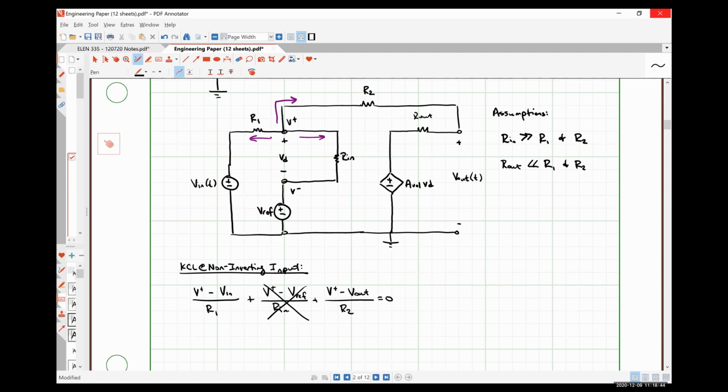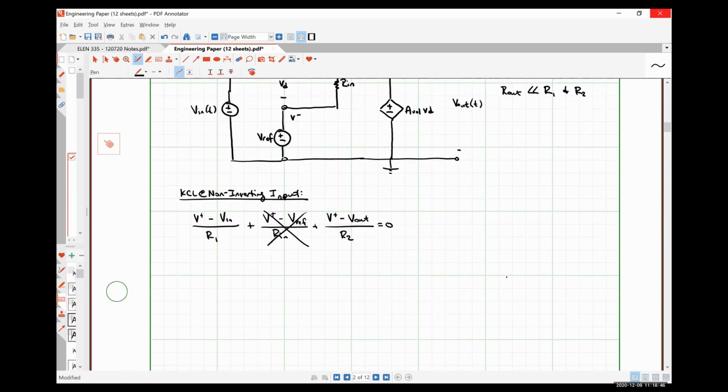So what this gives me is V plus minus Vin divided by R1, not Ri, plus V plus minus V out divided by R2 is equal to 0.